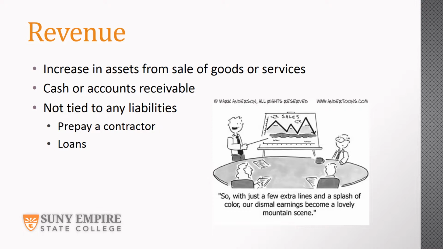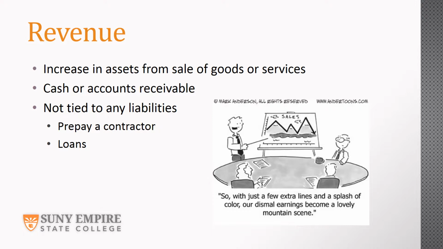So a grocery store selling its stock or a hairdresser doing a haircut would be methods for those companies to create revenue. In particular, the assets that get increased are either cash, if payment occurs at the time of the sale or service, or accounts receivable if the customer pays on credit.